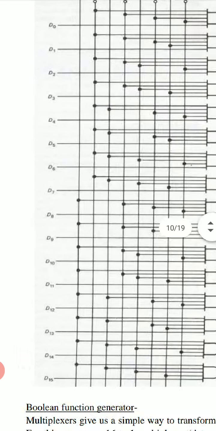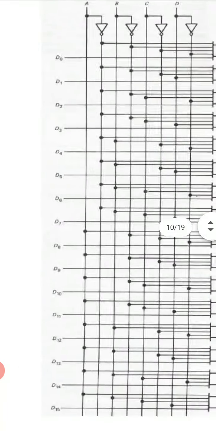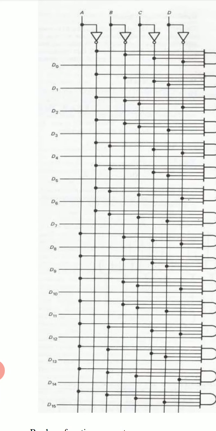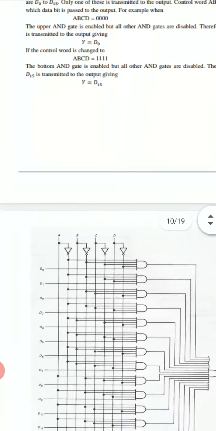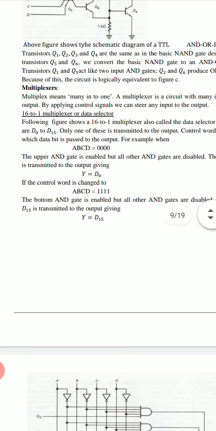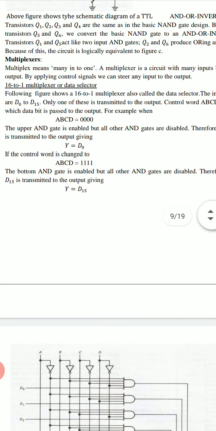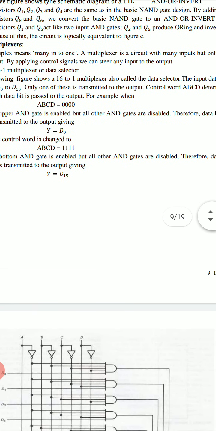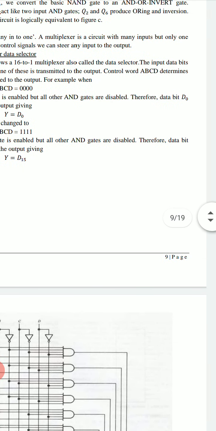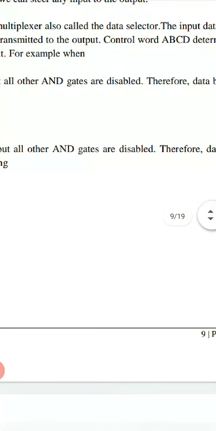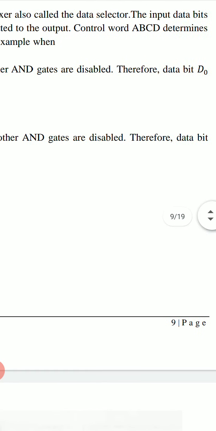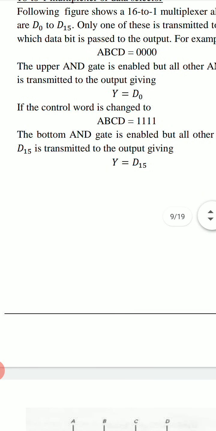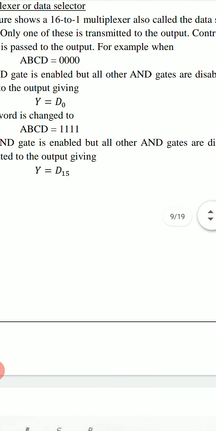These are 16 input bits. Only one of these is transmitted to the output. The control word ABCD determines which data bit is passed to the output.